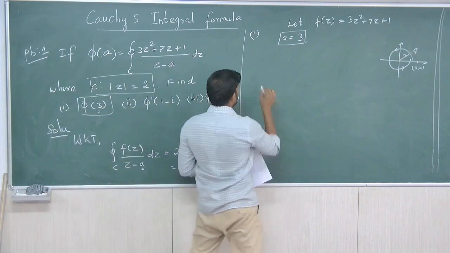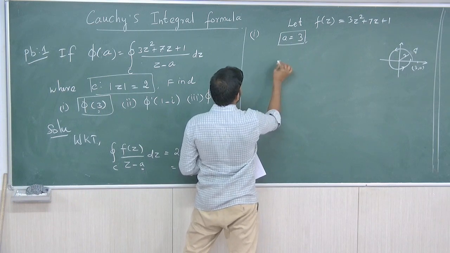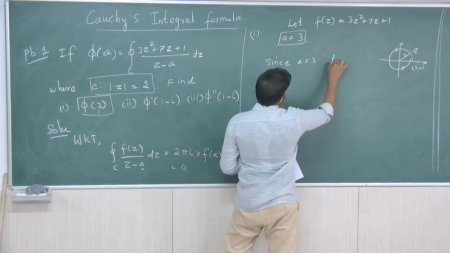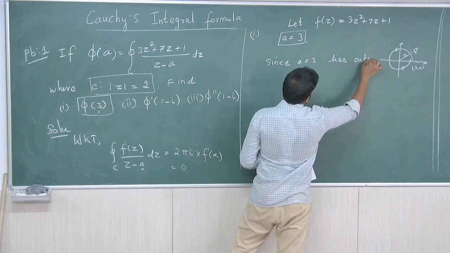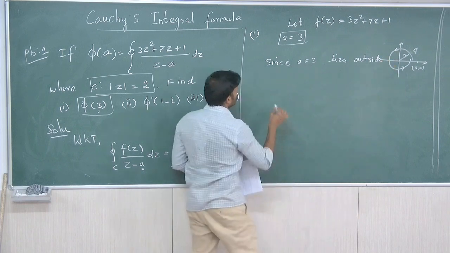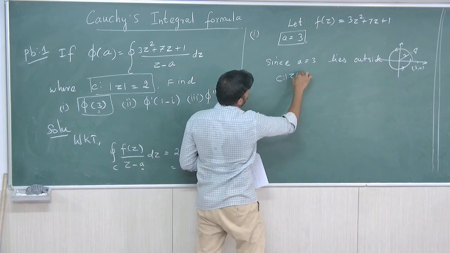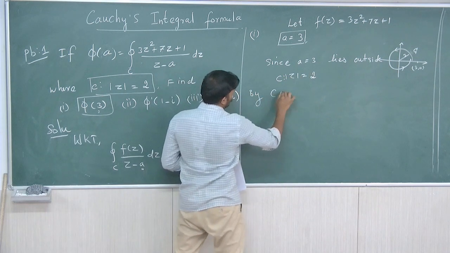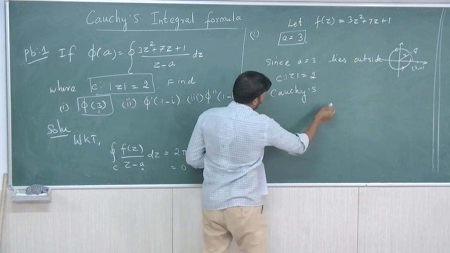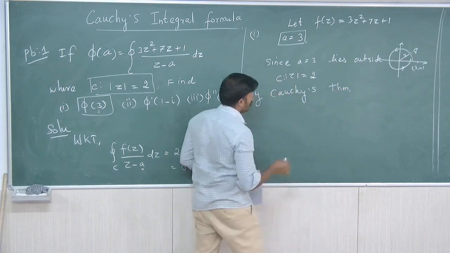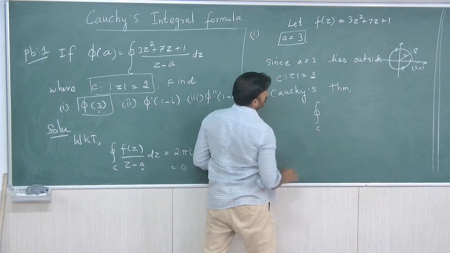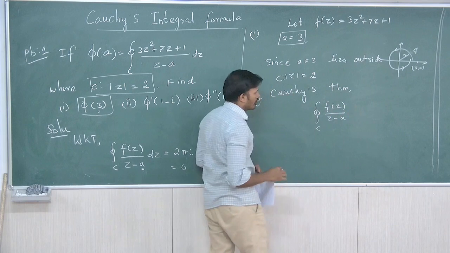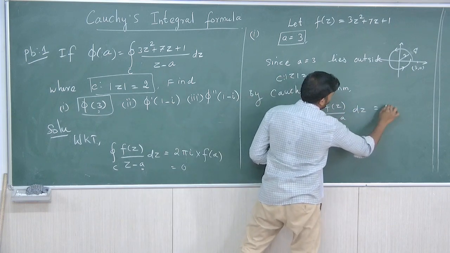So here, since a equal to 3 lies outside C, therefore by Cauchy's theorem, the integral over C of f of z divided by (z − a) dz equals 0.